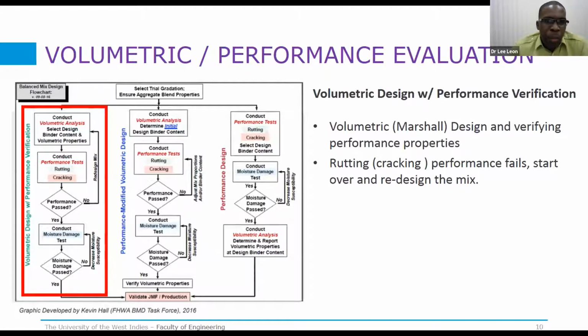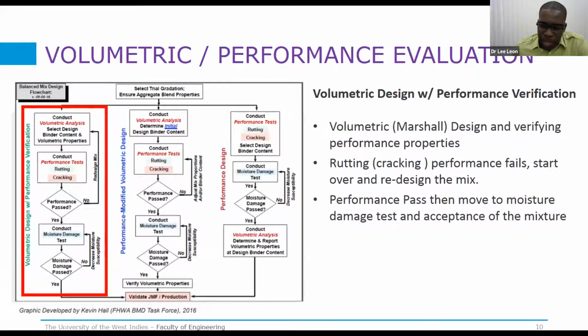Because sometimes when you go back to the design, you might have to relax the criteria to pass the performance test. So the idea is to have research to support which criteria to relax, whether it's the VMA or the VFA or any other volumetric requirements needed for the design or the project.